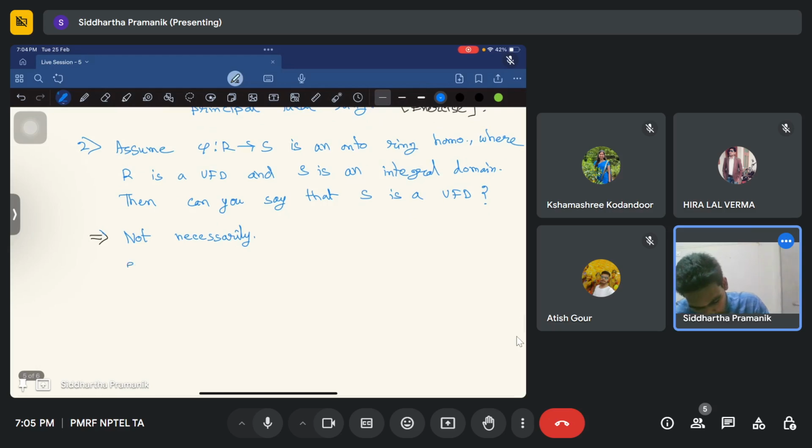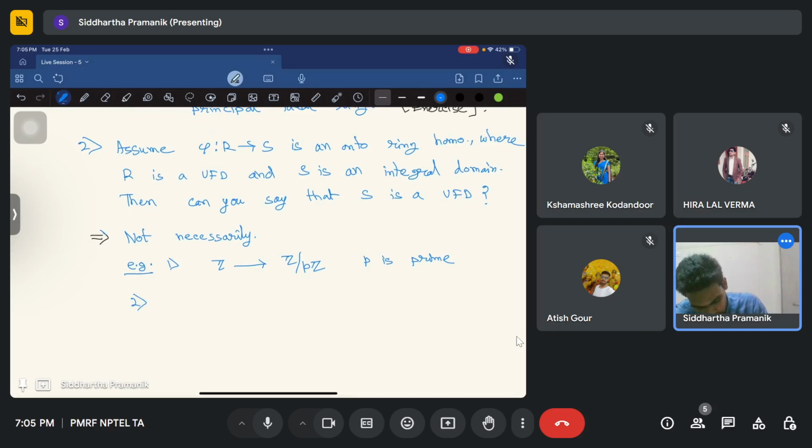I will give two examples. You can take Z to Z mod pZ. This is a surjective ring homomorphism and Z mod pZ is a field, so it is a UFD. So in this case it is true.